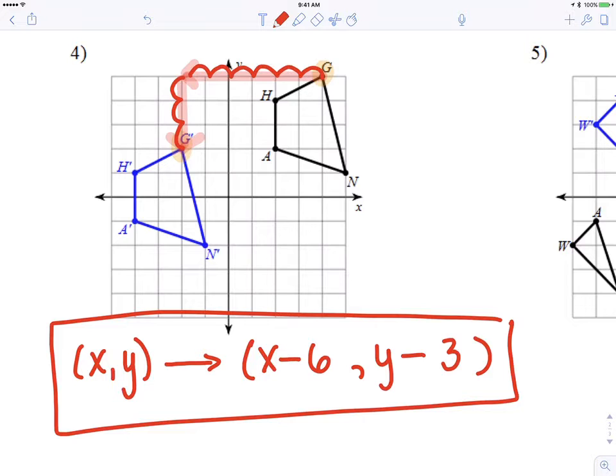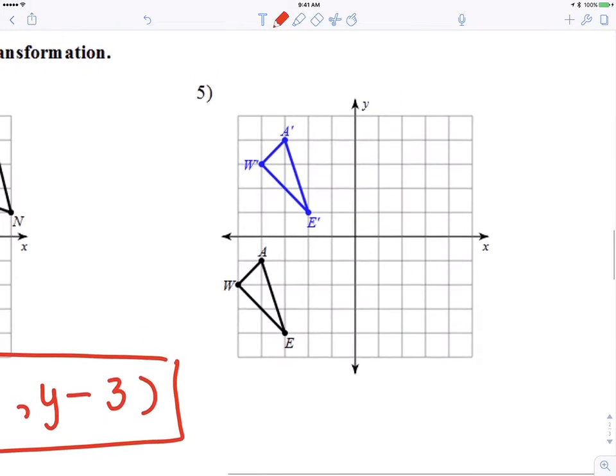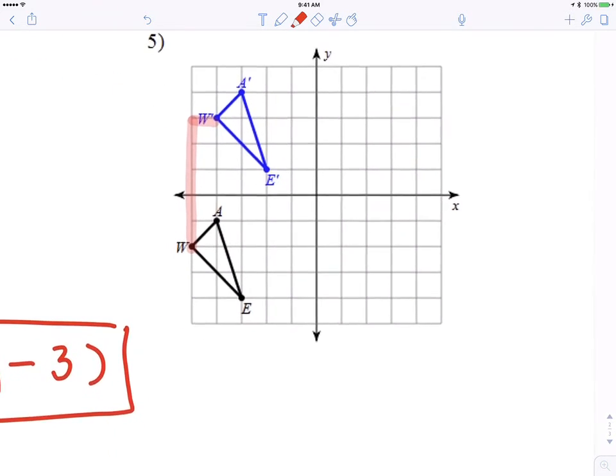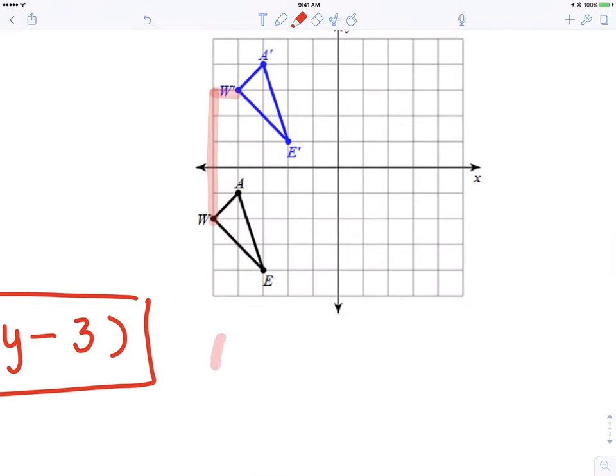All right, let's do another one. Number 5. If I want to go from W to W prime, I'm going up and to the right. So let's start by saying, okay, you take any point x, y and you move it.